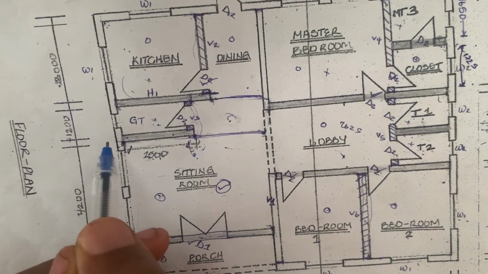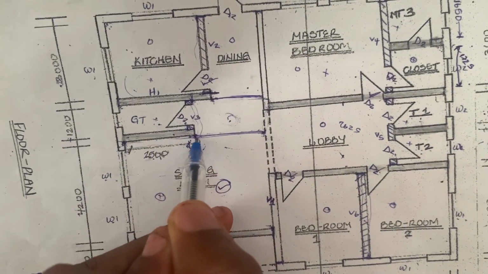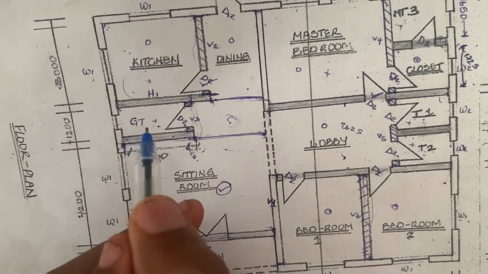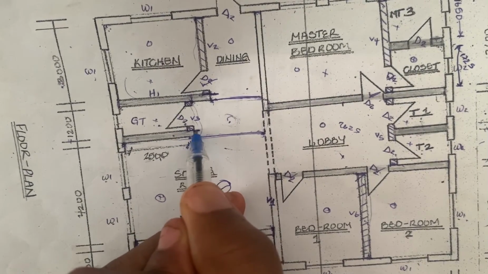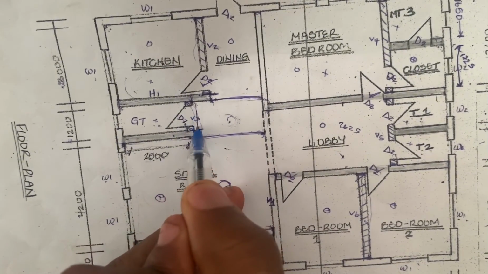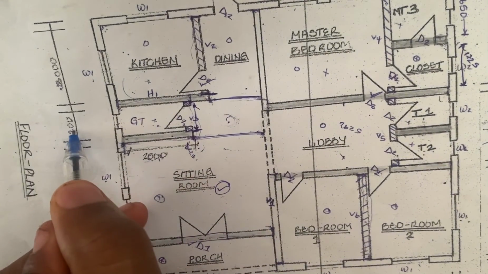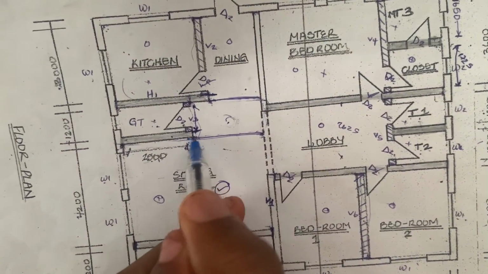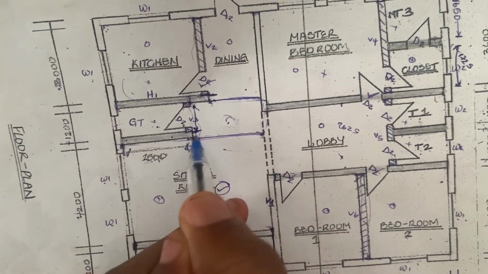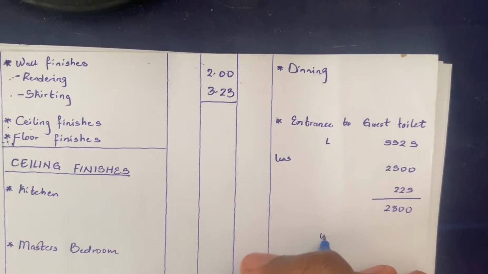So we have to calculate for what? The width. That's from here to here. So now they've told us that from this end to the end of this block work here is giving us 1200, but there's a thickness of 225 at this end, so we have to cater for it by adding it. So we will now go to the width.